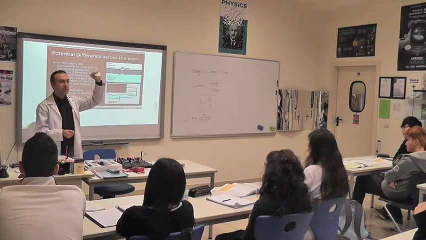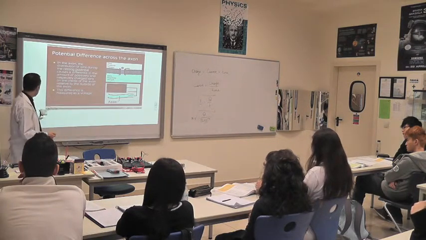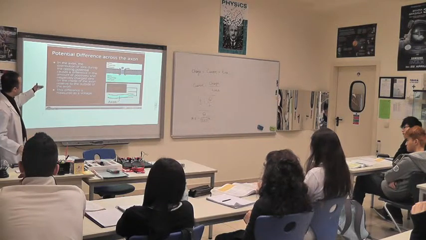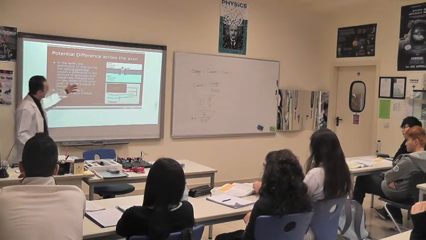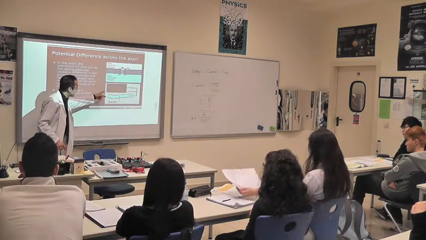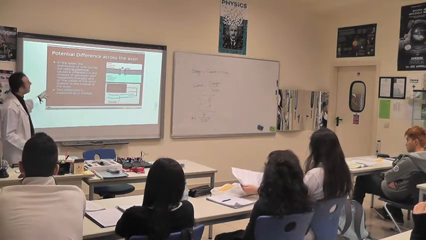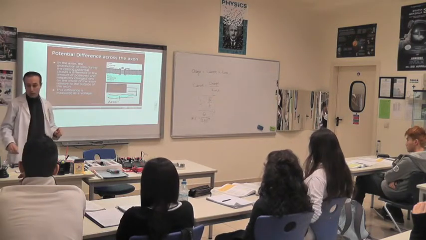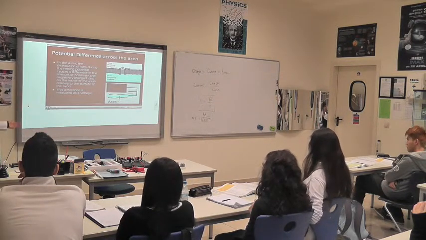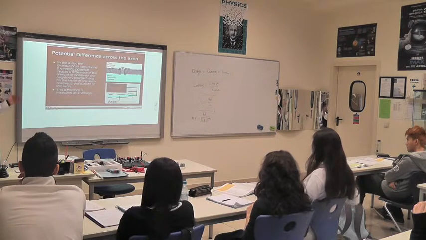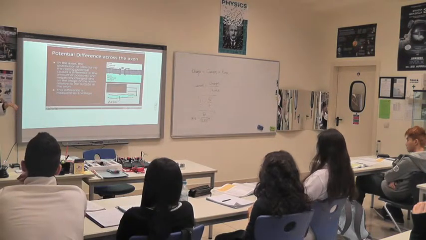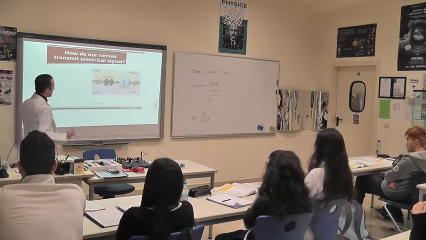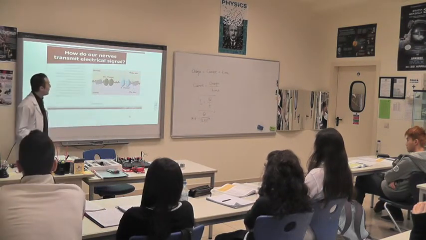A potential difference is produced. Because of the charge separation, we have a difference measured in voltage. When you change this charge distribution, ions on the inside of the axon relative to the outside of the axon, we have this pulse traveling through the neurons.